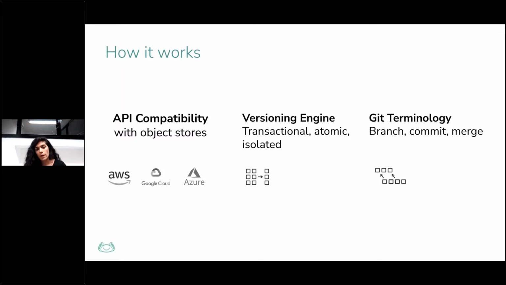And to do that, all you have to do is point the configuration of the S3 endpoint of your application to the LakeFS installation. So for example, if you're using Spark, and up until now you wrote from Spark directly to S3, now all you have to do is set your S3 endpoint in your Spark configuration to point to the LakeFS installation, and then you're all set. It's transparent to your application, and LakeFS will do all the magic in between for you.